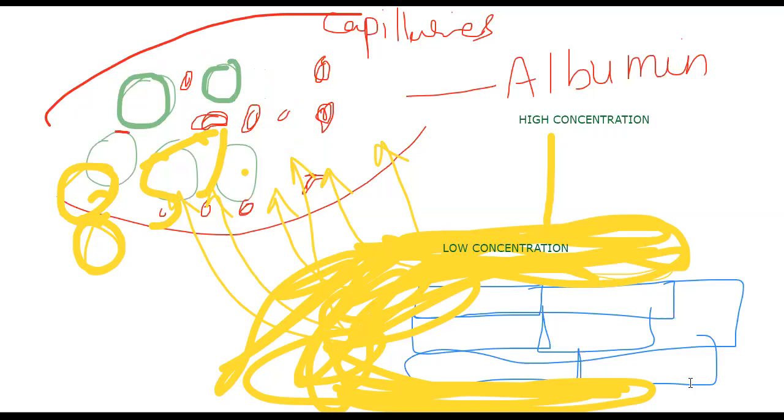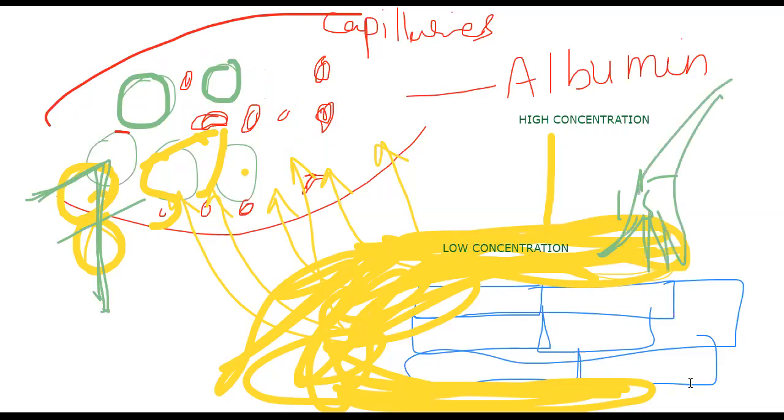Instead of 85%, imagine only 75% fluid is returned back to the blood capillaries. And the remaining 15% is as usual always collected by the lymph capillaries, and they do their work. Okay, then how much fluid remains? Some 10% fluid will remain in the tissues, which is not able to return back because of the less number of albumin protein molecules.